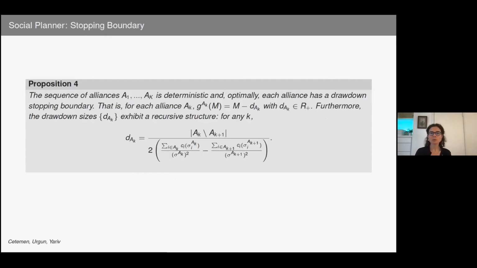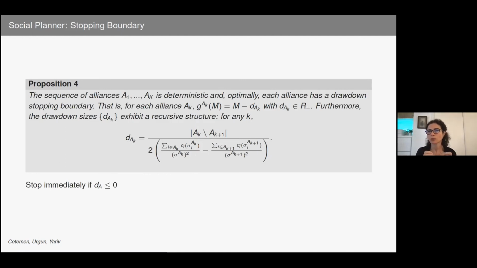Now, in terms of the stopping boundary, the social planner optimally uses a drawdown stopping boundary as well. The precise formulation for the drawdown size that the social planner utilizes requires a little bit of work, but just to give you a flavor of why we should expect it to look like this, notice that in the numerator, basically what we have here is just the number of people that you're going to terminate next.